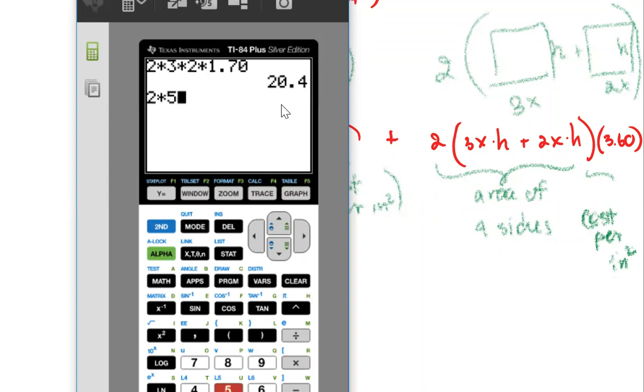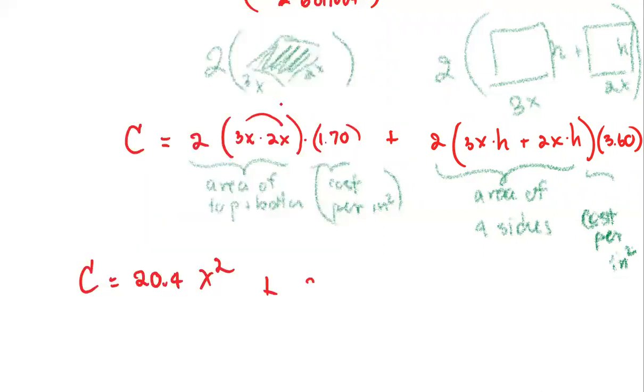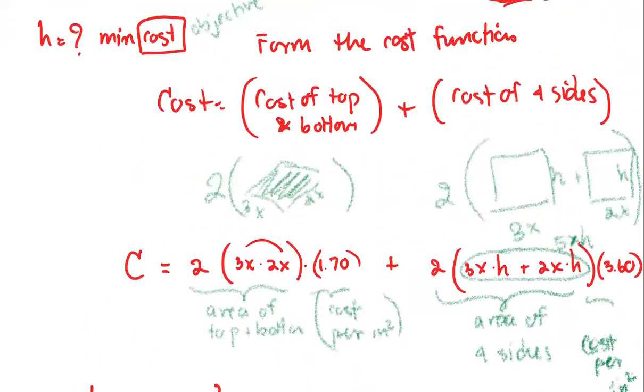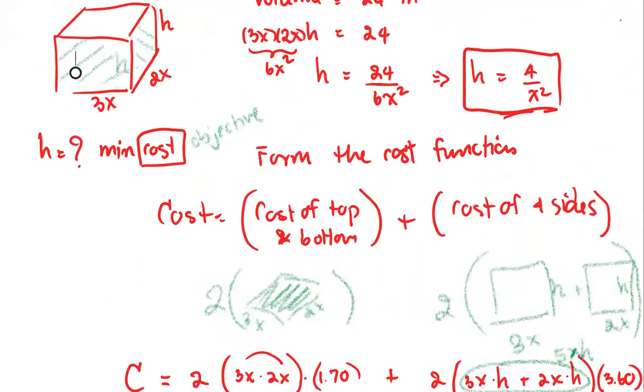So 2 times 5 times 3.6, and that is 36, so 36x squared times h, because this portion is 5x. Now the cost is in both x and h, so we're going to go back to look at h in terms of x. We have h is 4 over x squared.